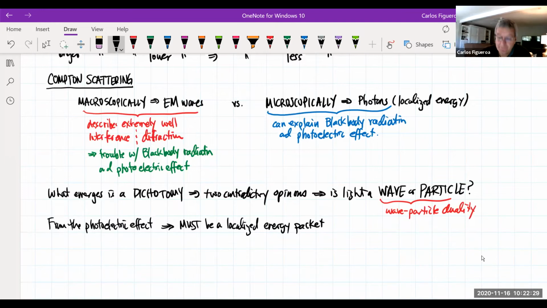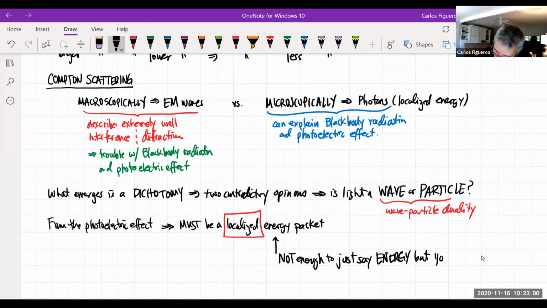And here's the thing. Anytime you say the word localized, right? It's not enough to say energy, but you must include momentum, right?